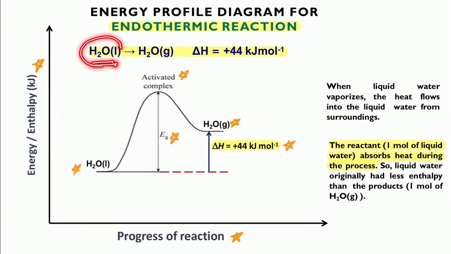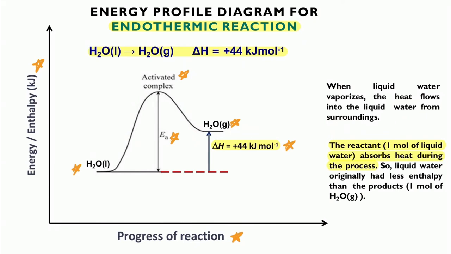1 mole of liquid water absorbs heat, shown with this positive sign. It absorbs 44 kilojoules of heat, to be exact, to form 1 mole of vapor. Your water is in the gaseous state, so this is vapor. So in this reaction, we can see that heat is absorbed.